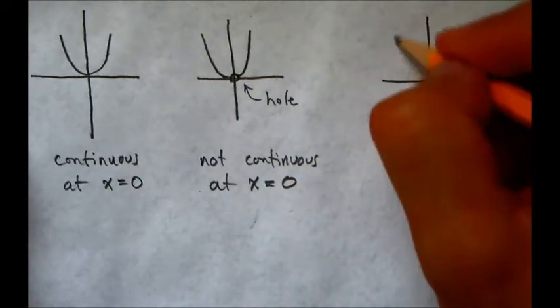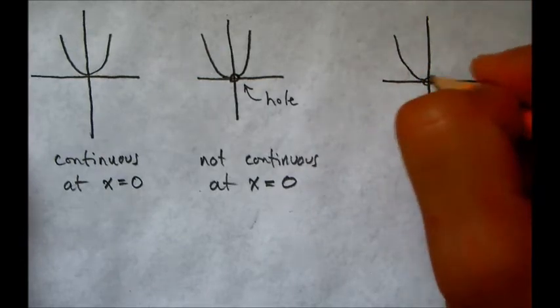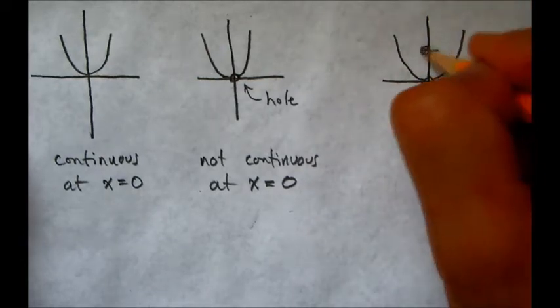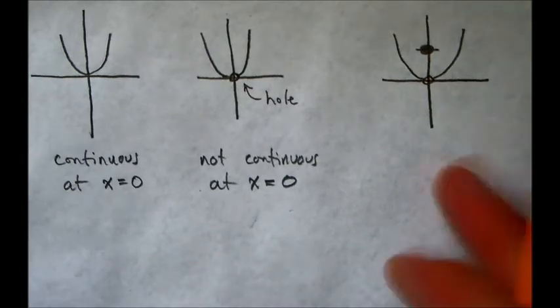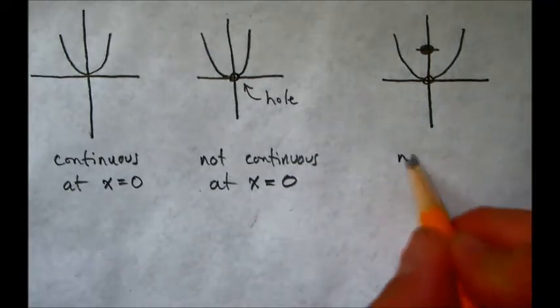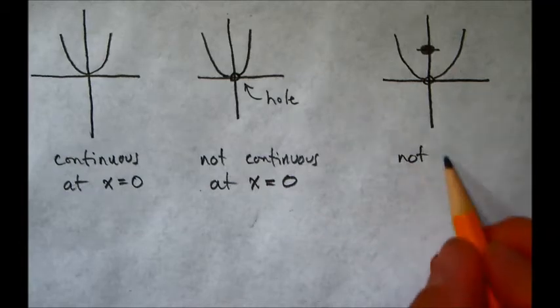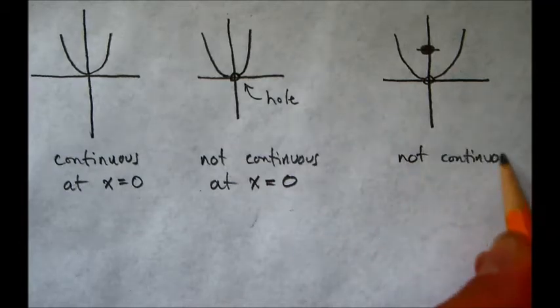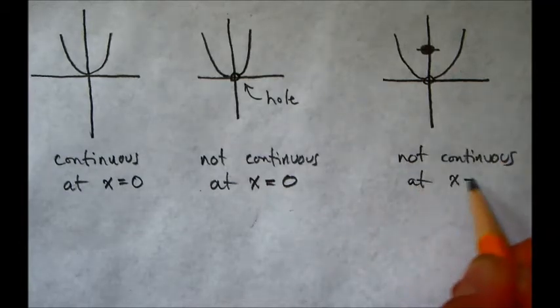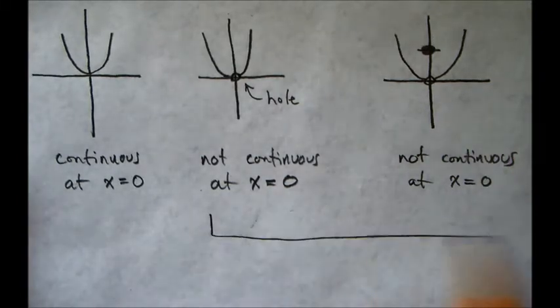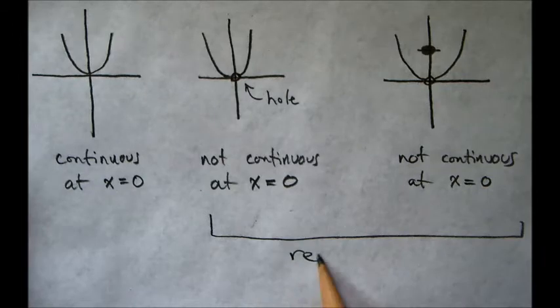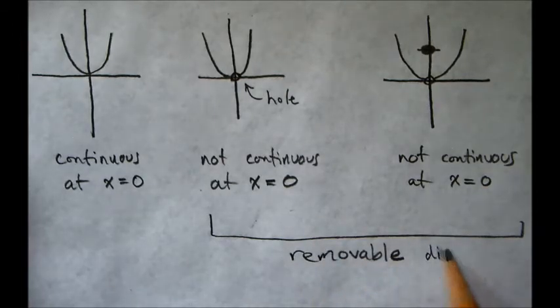Okay, what I'd said was that the reason these are considered removable is because all that would need to happen is that someone would need to tell you what y value we should put in when x is 0. So the person could say, okay, let's include f of x is 0 when x is 0, and that would fill that hole, and the graph would now be continuous at x equals 0.